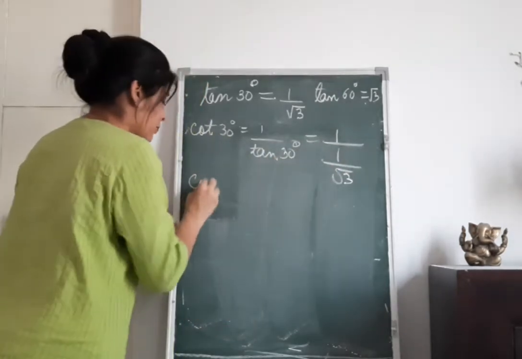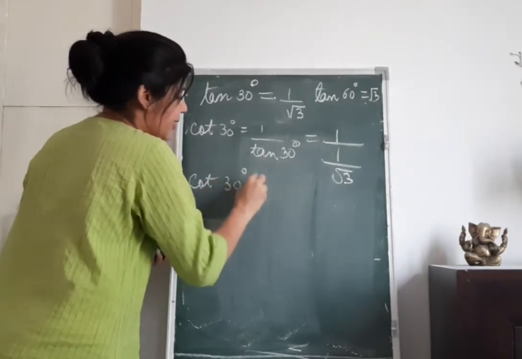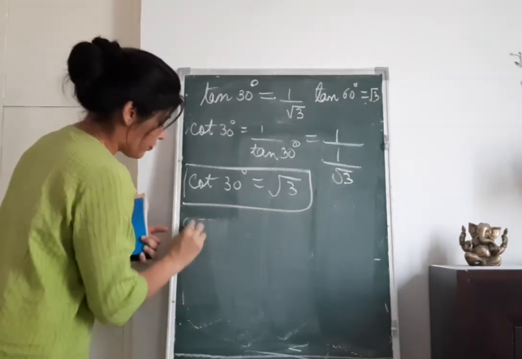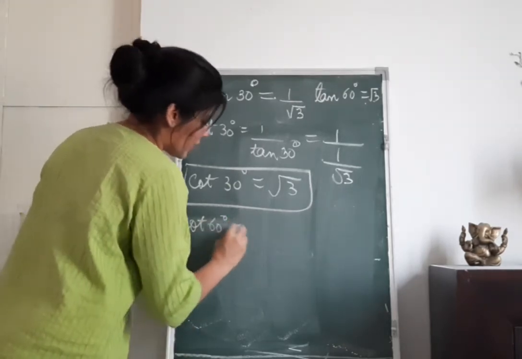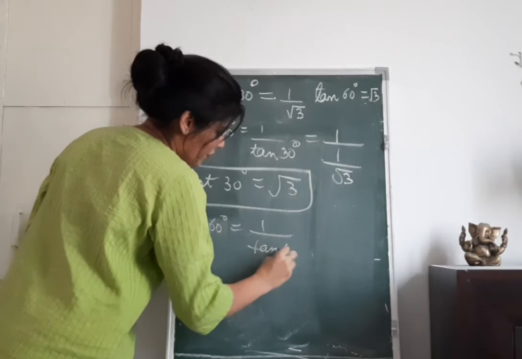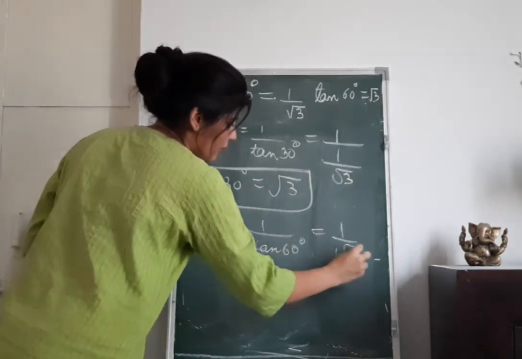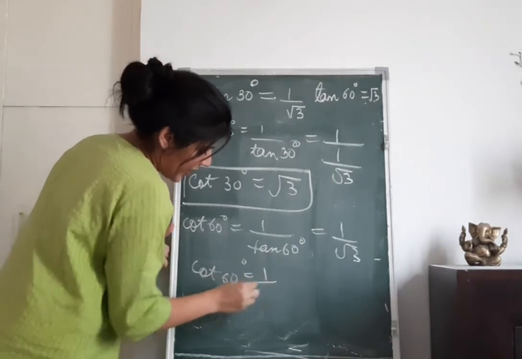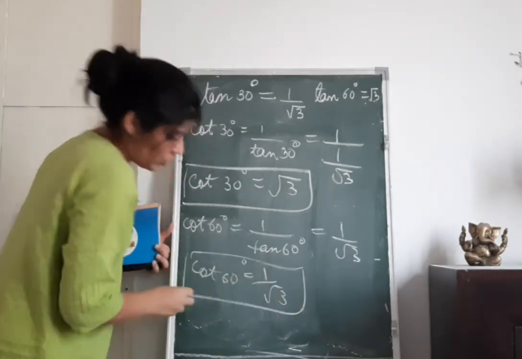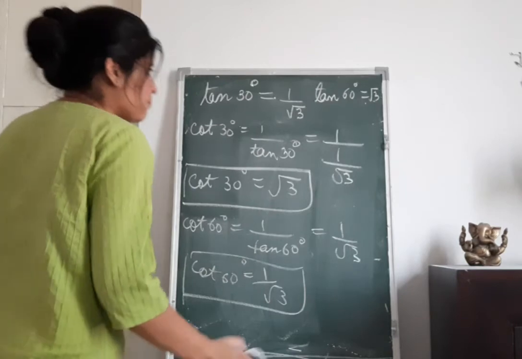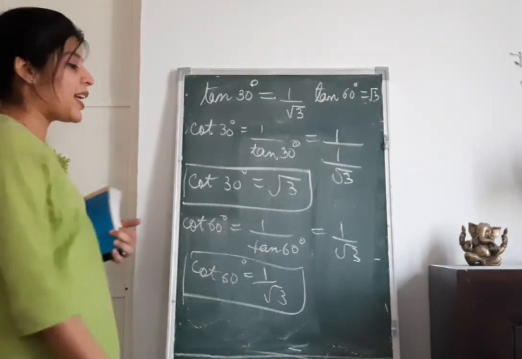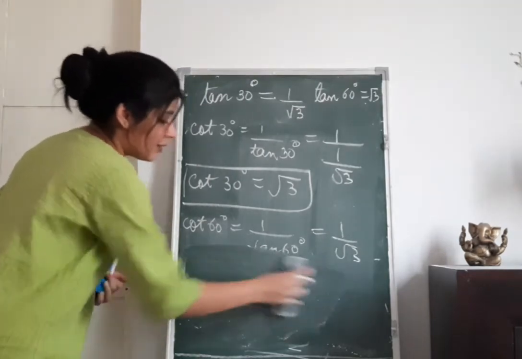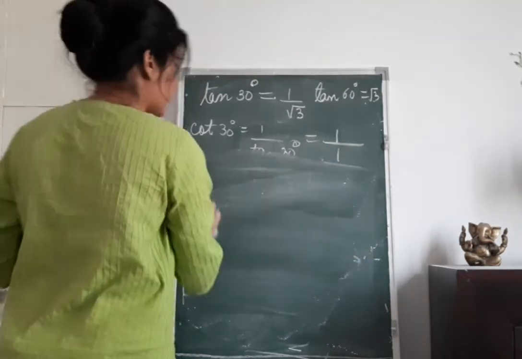That gives me cot 30 degrees as root 3. Now cot of 60 degrees is equal to 1 upon tan of 60 degrees, that is 1 upon root 3. So this is how we have taken out the values of all the trigonometric ratios for angles 30 degrees and 60 degrees.